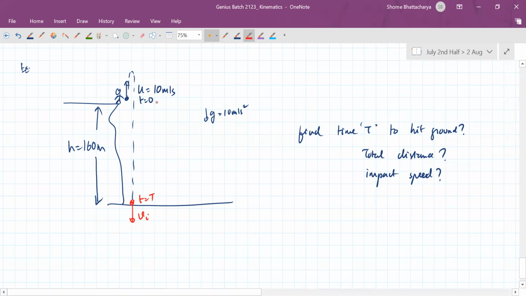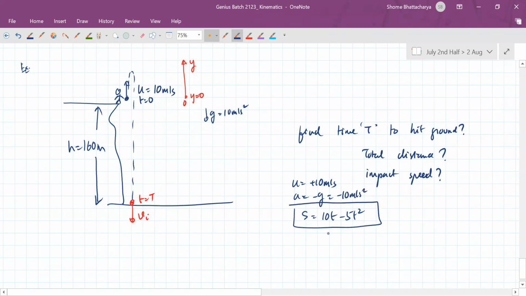So what I'll do is I'll go with the standard method, taking my y-axis here and my origin here. Okay. So I'll write my displacement as 10t minus 5t square, because I'll take u as plus 10 and the acceleration as minus g. So now I'll see that at time t, which I want to find out, the displacement should be minus 160. So minus 160 is equal to 10t minus 5t square.